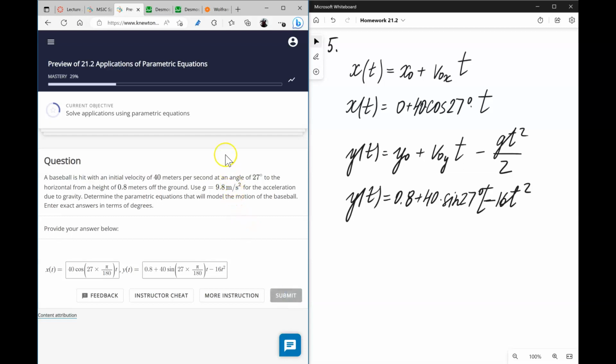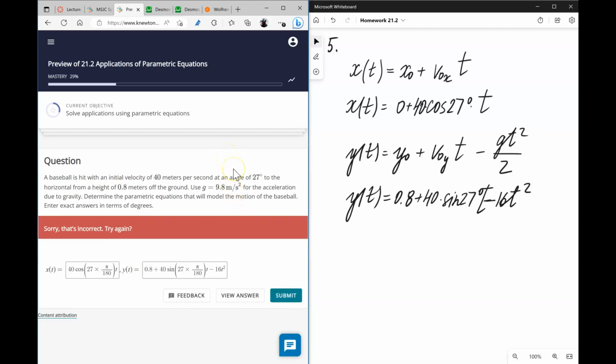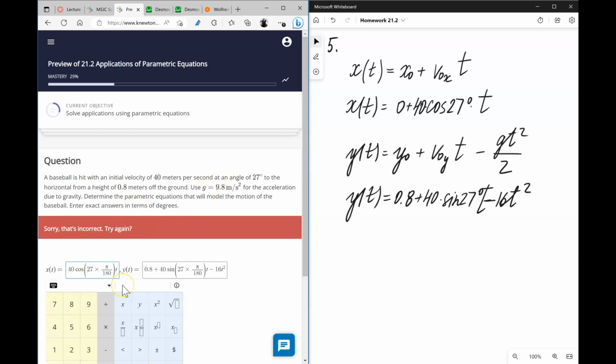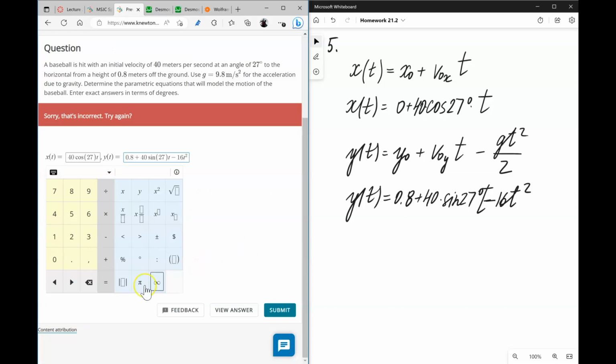I'm a little nervous. What does it, what? Oh geez, it wants the degrees. Why would it want degrees? I don't know, but does it want the degree symbol?